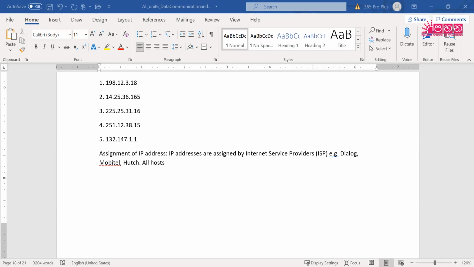As I told you, part of the network IP address, you see the host ID.